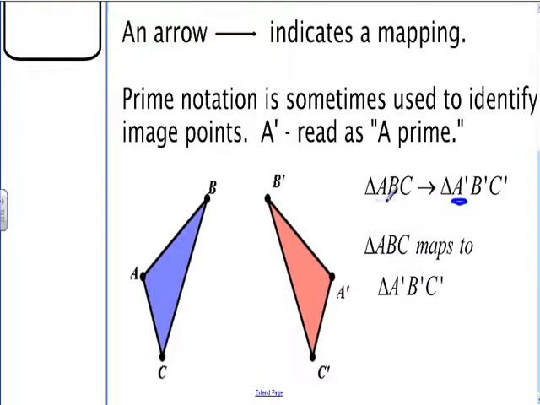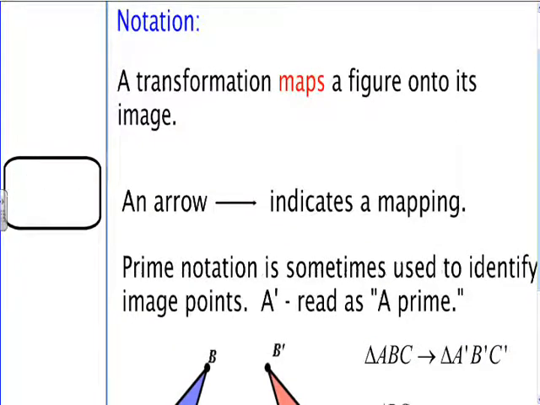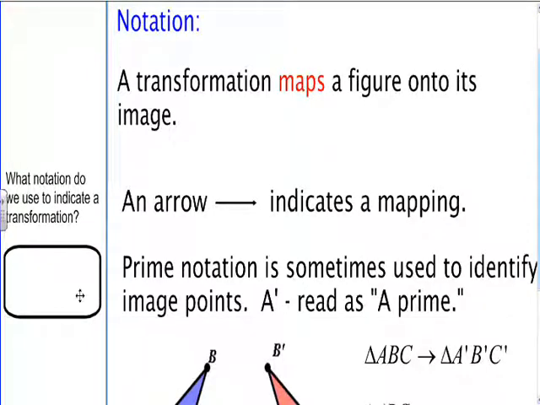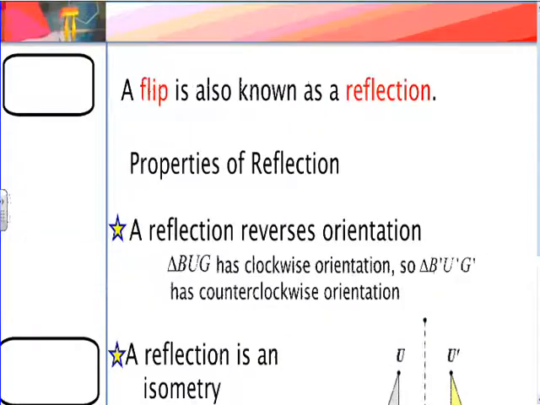Where did it go? Point B maps to point B prime. So it's telling me where the points A, B, and C go. Another way we could say this statement is that triangle ABC maps to triangle A prime, B prime, C prime. That's some of the notation we're going to use when talking about transformations. So a good left-hand column question here is: what notation do we use to indicate a transformation? And that would be the arrow.